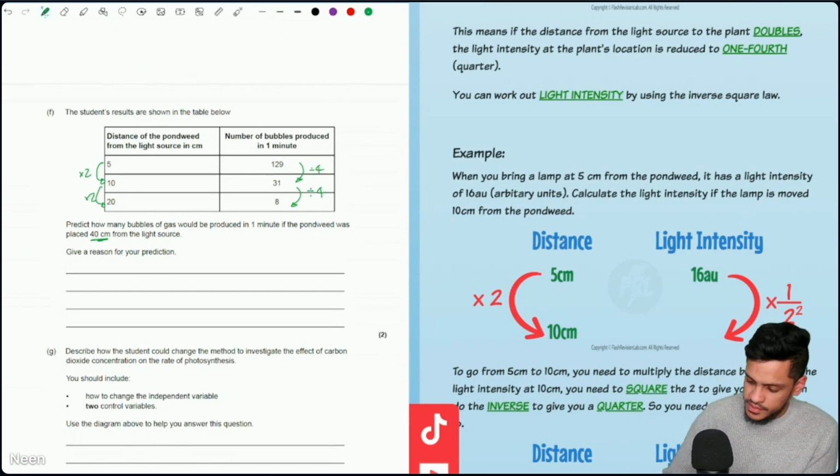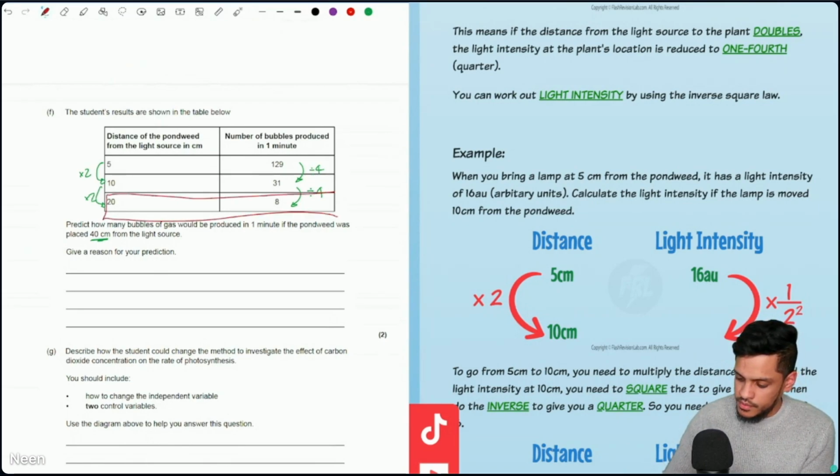So let's look at this bottom row here. We've got 20 centimeters. So when it's 20 centimeters away from the plant, you've got 8 bubbles produced. The question is asking 40 centimeters. To get from 20 to 40, you're basically doubling it. So what do we need to do here?